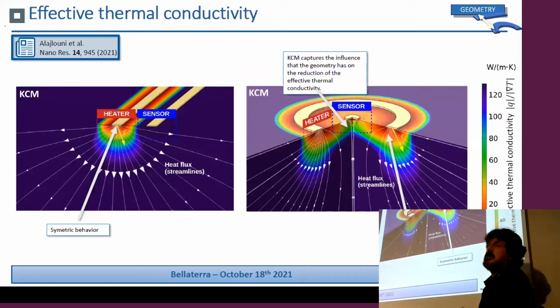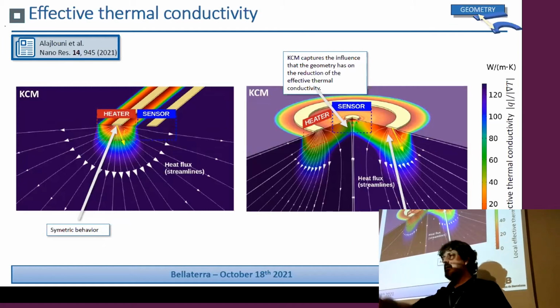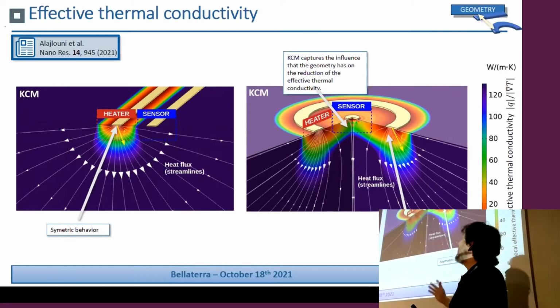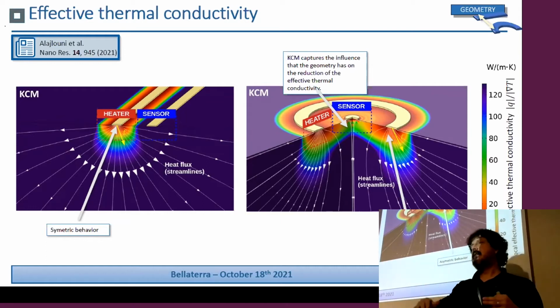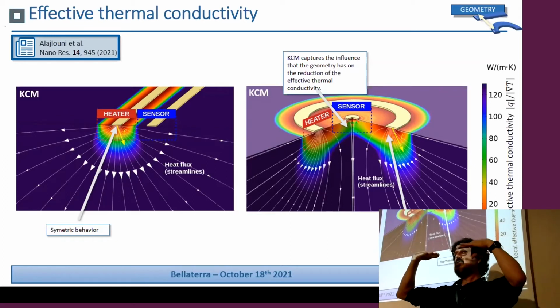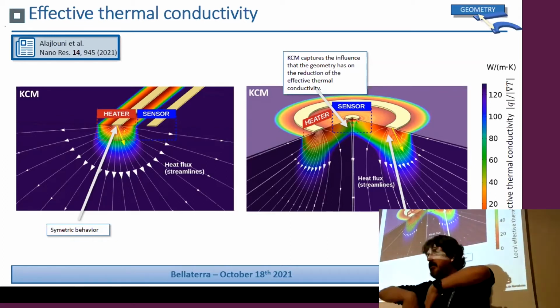Why this happens is more or less the same. You have the same inertia of the heat flux, but in the case of the circular structure, you have another thing: when the heat flux goes to the center, it should curve again to the bottom.